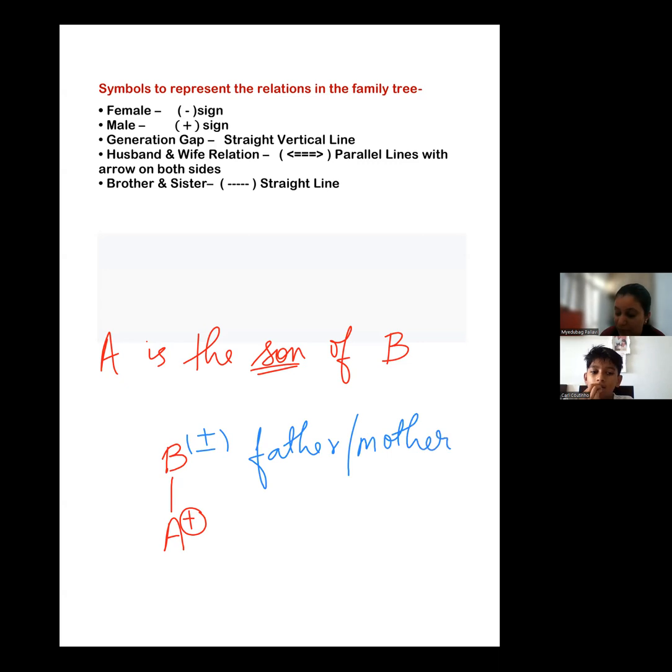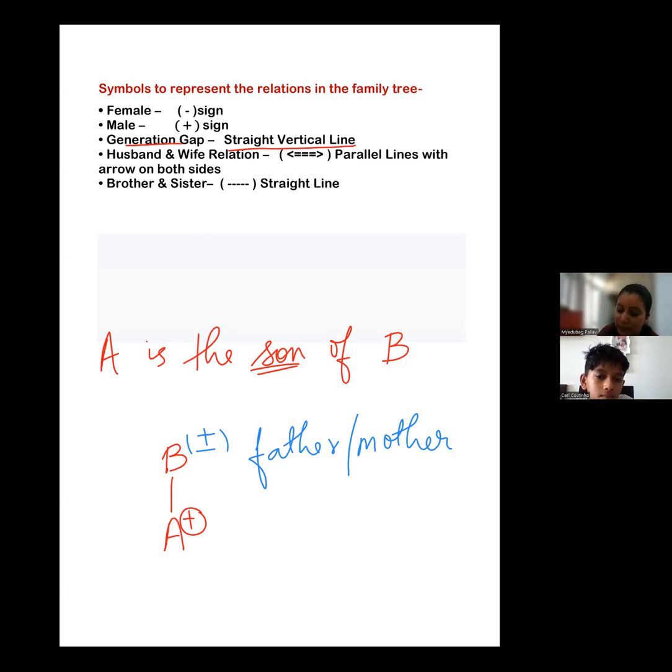If I ask how B is related to A, you cannot give a specific answer. You will just write that B will either be the father or the mother of A. So the generation gap we show by a straight vertical line.